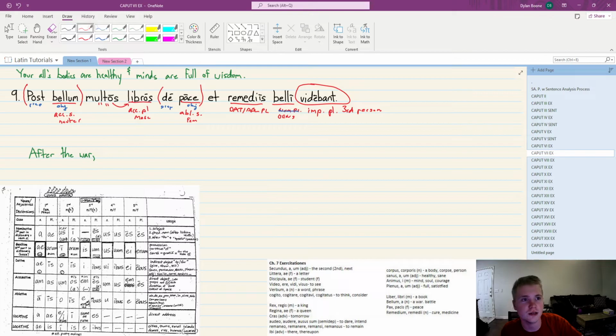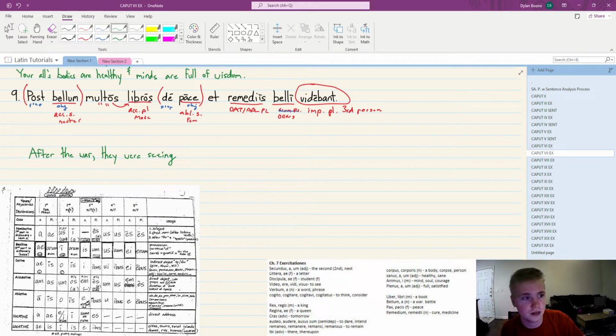So since we don't have any other things to take as a subject, we'll have to imply they. They were seeing, right? Because we're imperfect. What? They were seeing the direct object. What's an accusative? So the only thing that we have in accusative that's not part of a prepositional phrase in a sentence is libros, right?